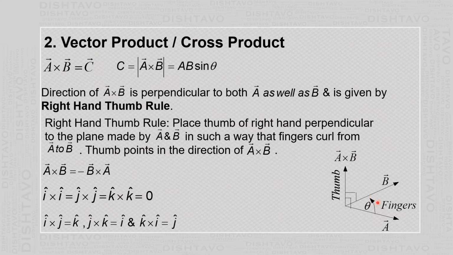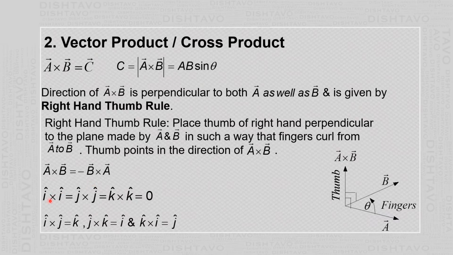Here from A to B, then the direction of the thumb gives the direction of A cross B. Suppose you want to find B cross A, then these fingers should curl from B to A, so the direction of the thumb will be this way, opposite to that of vector A cross vector B. So vector A cross vector B equals minus vector B cross vector A. They have the same magnitude but the directions are opposite.